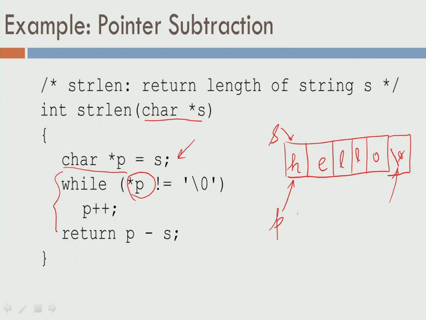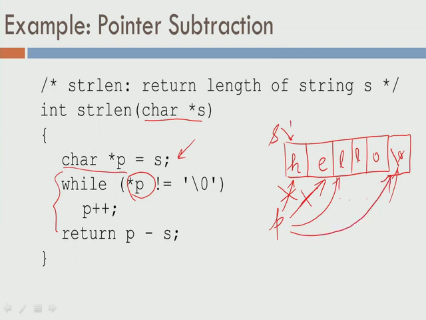So, p will start pointing here. So, p has already moved by one location, right. It has started pointing at s of 1. s of 1 is e and it is not \0. So, the while loop will continue, it will start pointing at l and this will keep happening and it will stop when p points at \0.